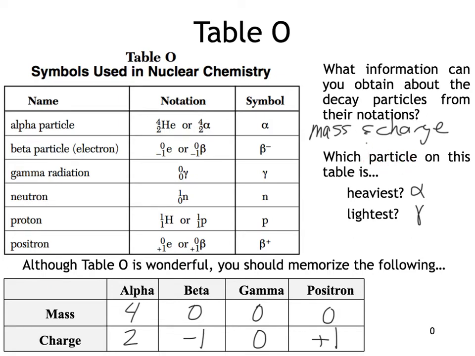But we consider it less of a particle and more of just energy, so like a ray, for instance. And I think Table O is wonderful, and you can use it at any time on any quiz or test or anything. But I do think it's helpful to know these masses of these 4 particles and these charges of these 4, just for speed and efficiency, I think is why you would need that.